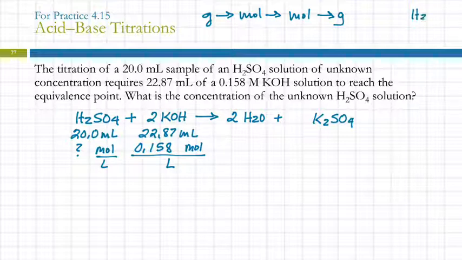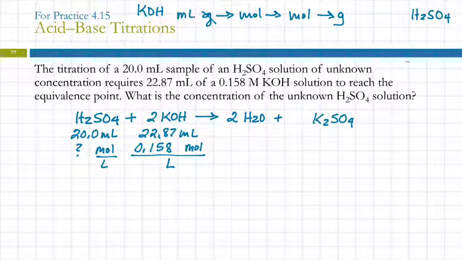So we're figuring out stuff about the H2SO4, and we're starting with what we know about the KOH. We don't have a mass. We have a volume and a concentration. This concentration is the conversion factor. So we're going to start with this volume here.